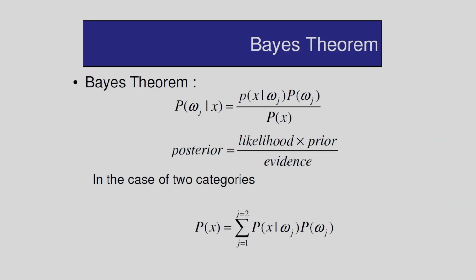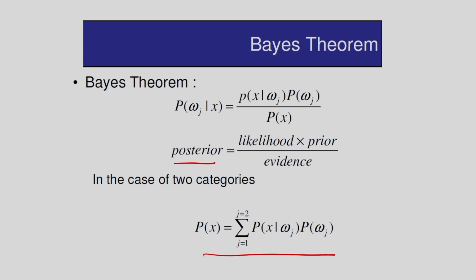After this, I will consider the Bayesian decision theory. I have already explained the concept of the Bayes theorem. Here you can see the posterior density is equal to likelihood into prior divided by evidence. If I consider two classes, then P(x) will be like this.